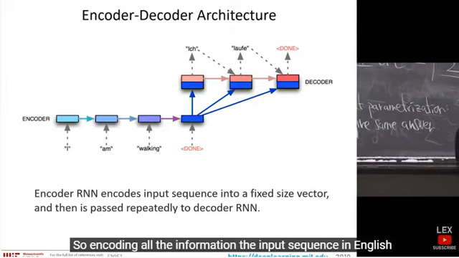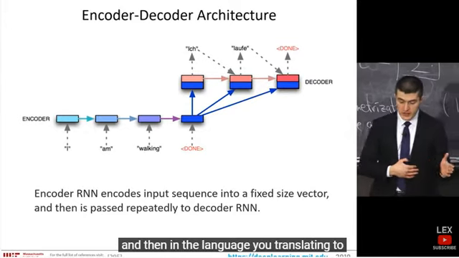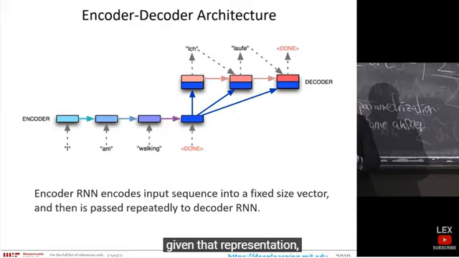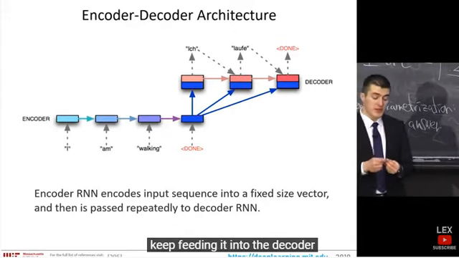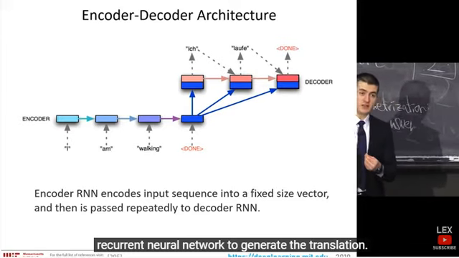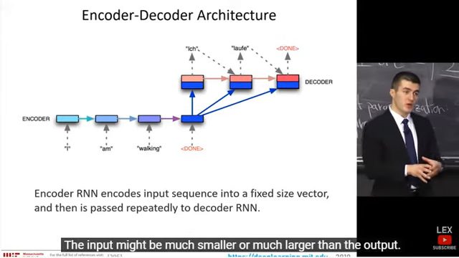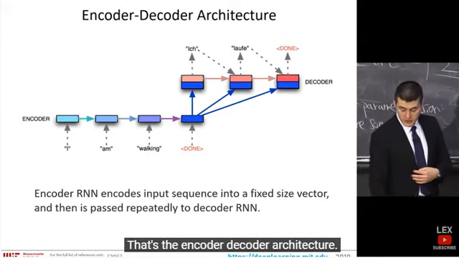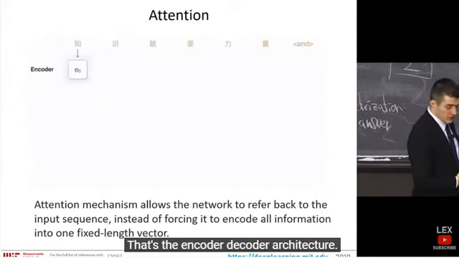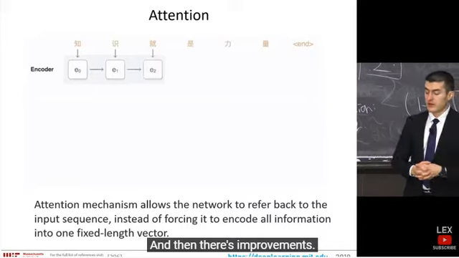So encoding all the information in the input sequence in English, and then in the language you're translating to, given that representation, keep feeding it into the decoder recurrent neural network to generate the translation. The input might be much smaller or much larger than the output. That's the encoder-decoder architecture.